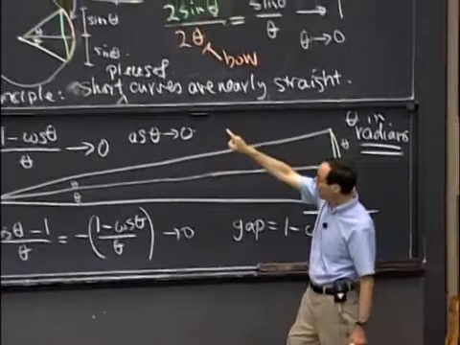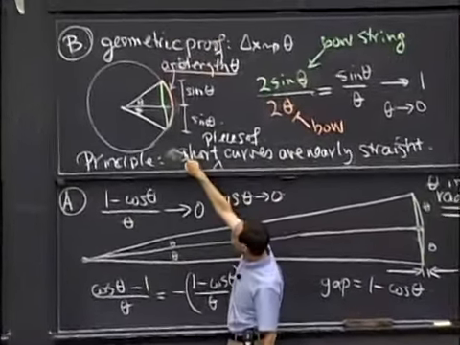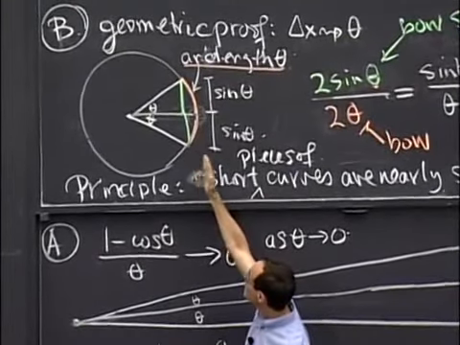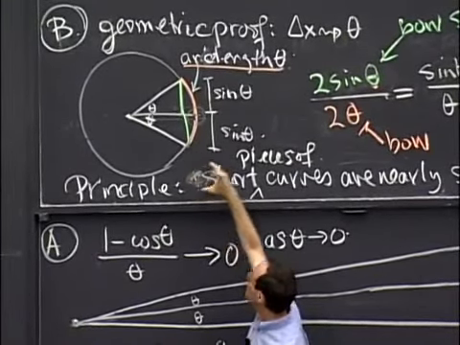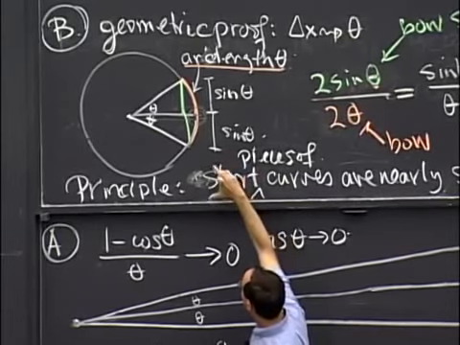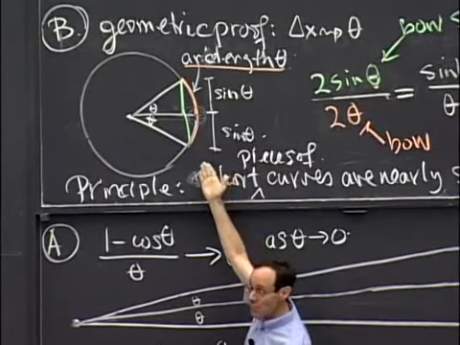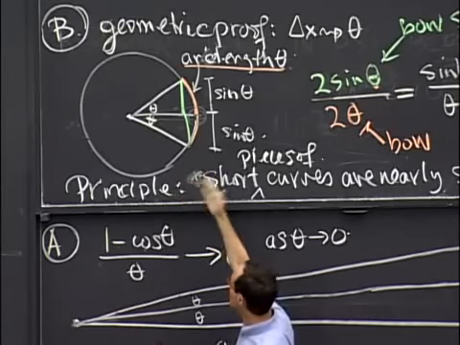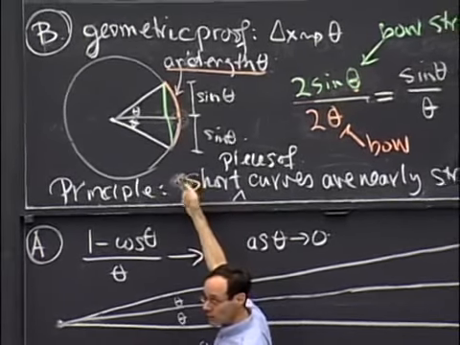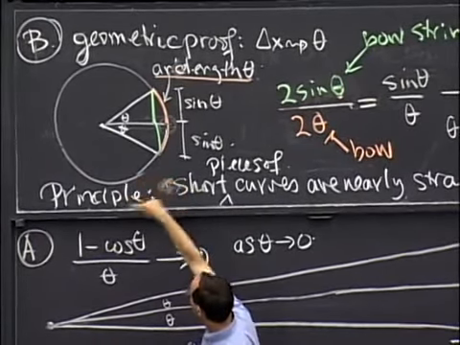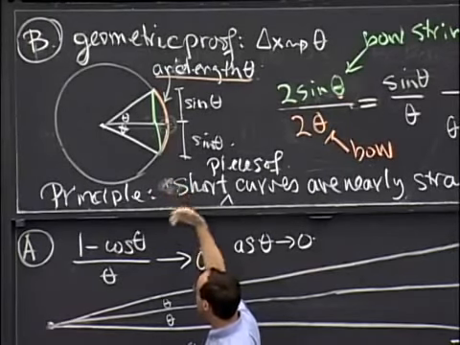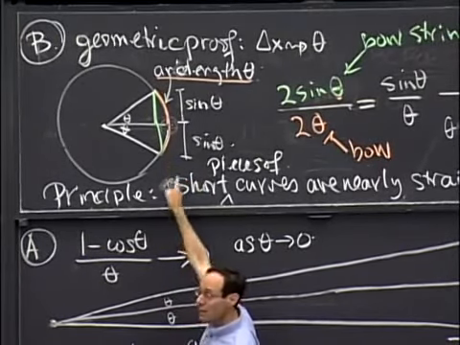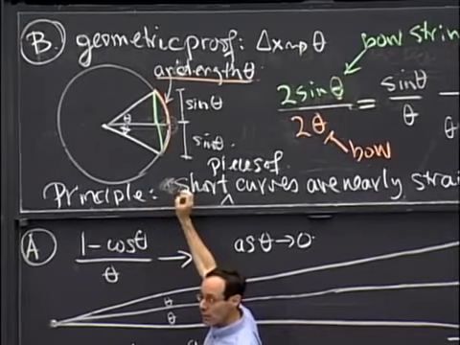The only way that this orange length is comparable to this green length, the vertical is comparable to the arc, is if we measure them in terms of the same notion of length. If we measured them in degrees, for example, it would be completely wrong. We divide up the angles into 360 degrees, and that's the wrong unit of measure. The correct measure is the length along the unit circle, which is what radians are.